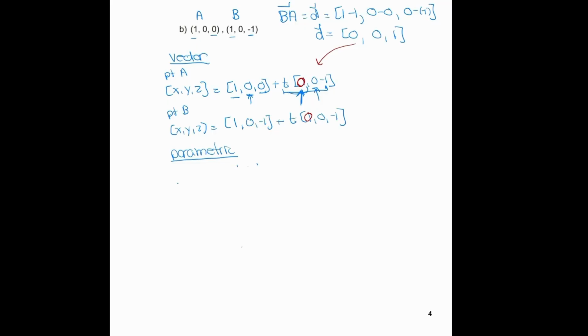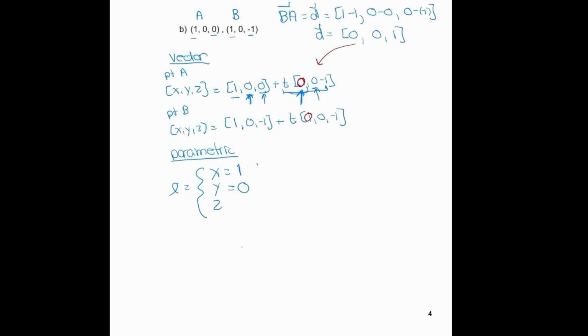So our parametric will still have the line equal to x, y, and z. So now let's get it right. We have our x value is x naught, which is 1, plus t times 0. So that's 0. There is no value of t. Y is equal to y naught, which is 0, plus 0 times t. So that's just equal to 0.